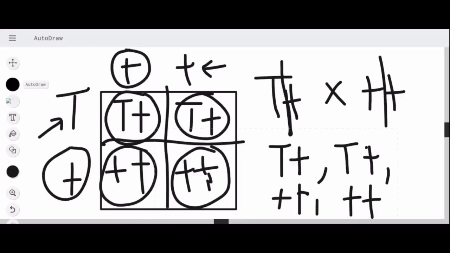But here's the thing. Phenotype is different. Phenotype only cares about the physical traits. So you end up with this, maybe. These top two right here, you might notice they both end up with curly hair because that dominant trait masks the recessive trait.